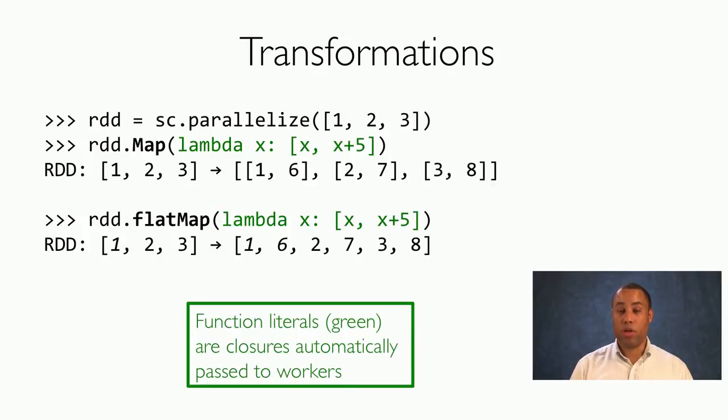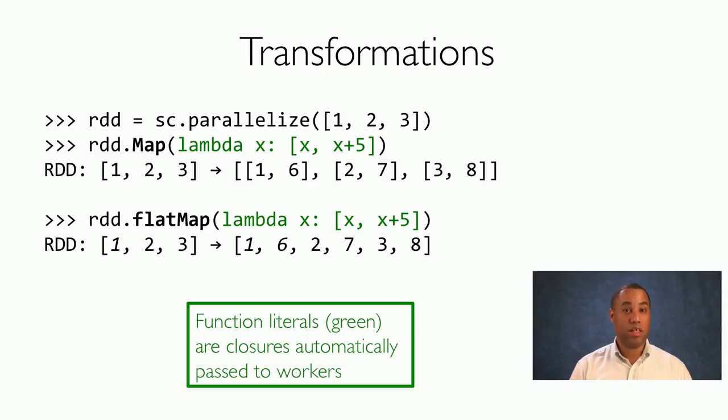Here's another example of a transformation, the map transformation. So we pass in an RDD that we created using sc.parallelize with 1, 2, 3, and that is then passed to a map with a lambda function that will return x and x plus 5 as each element.